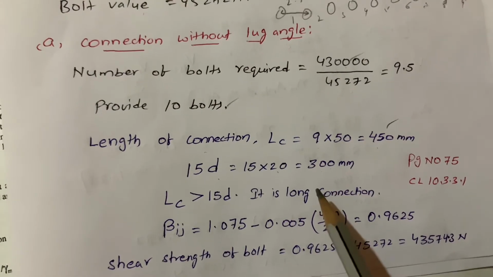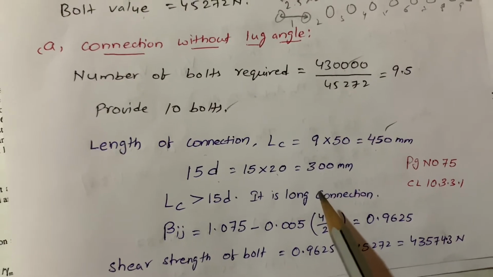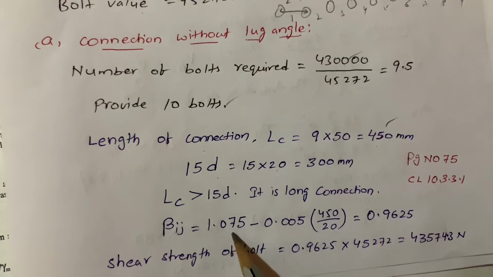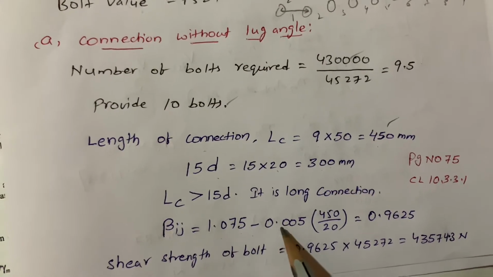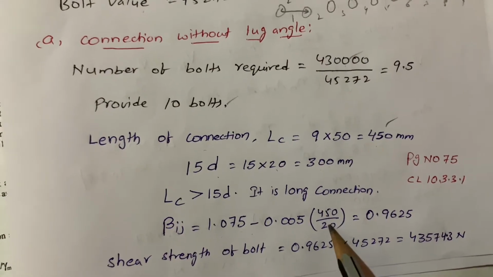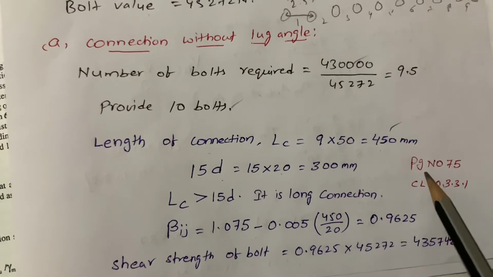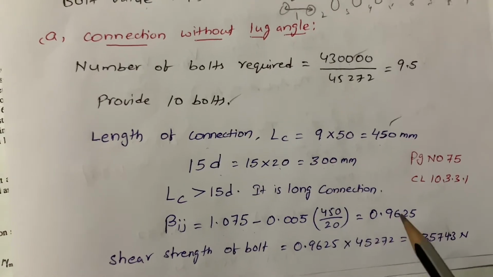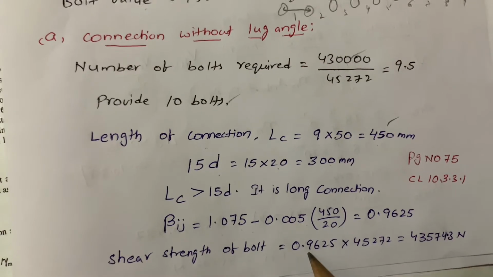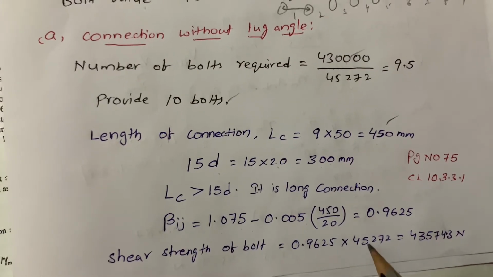For that long connection, we need to take beta lj equal to 1.075 minus 0.005 into 450 by 20. Okay, so this is the formula given in page number 75. So I got this value. So shear strength of the bolt equals 0.9625 into 45272.